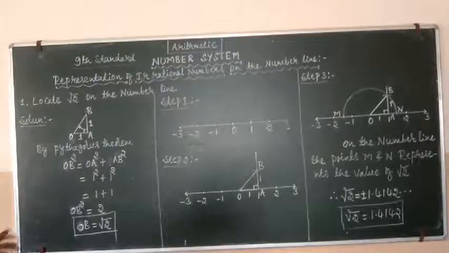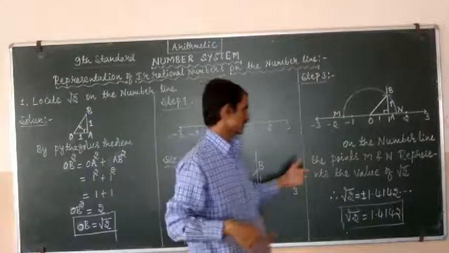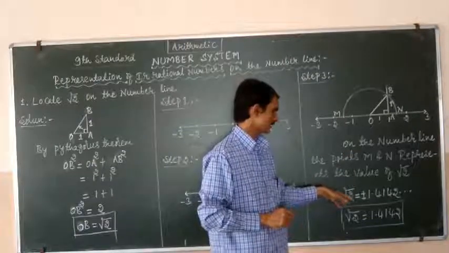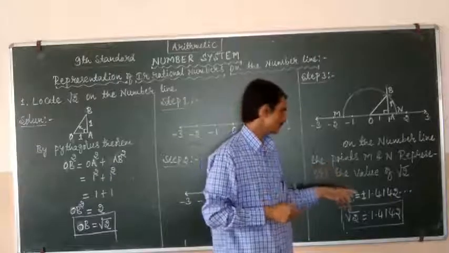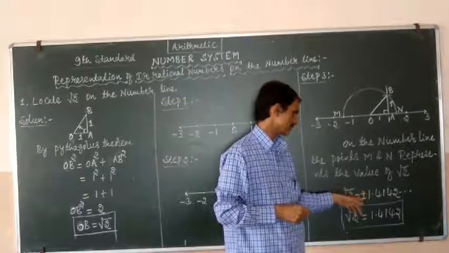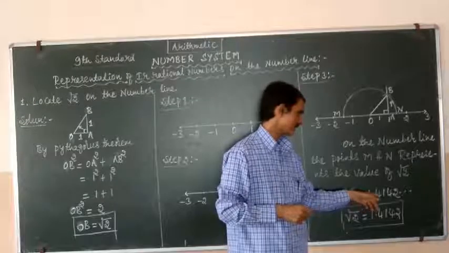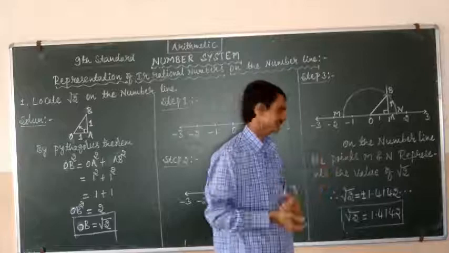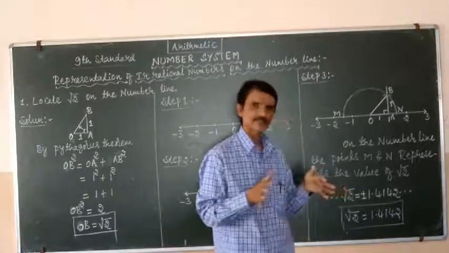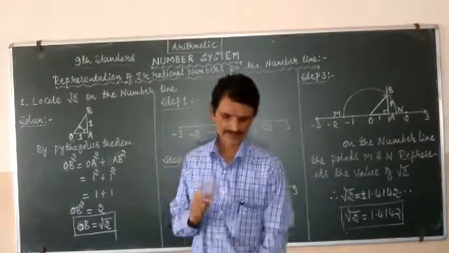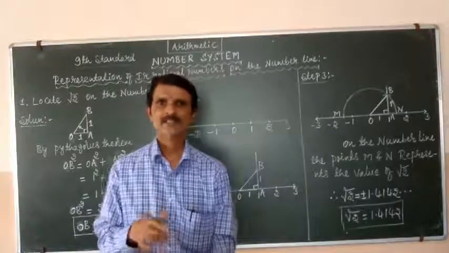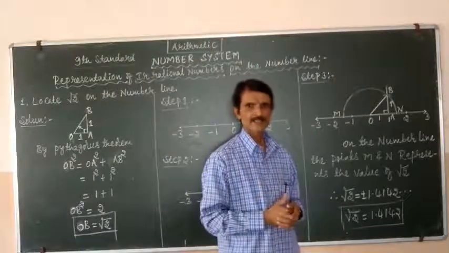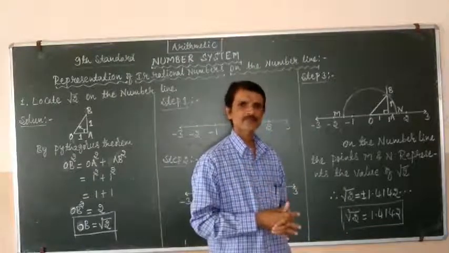Students, now observe. If you find the value of root 2, it will be plus or minus 1.4142, and it goes on continuously. For your reference, in this ninth standard, we only study the positive values.